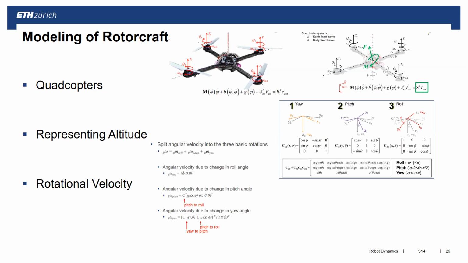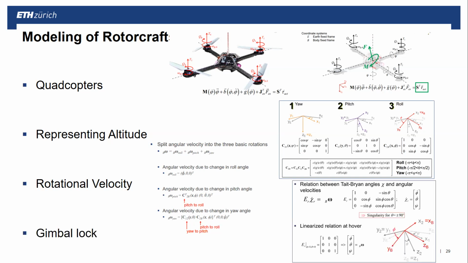We looked at rotation velocities. We showed how we can split this up. So here, the angular velocities for roll, pitch, and yaw, how we sum them up with the correspondingly rotated frame. And that ended up in the description of these singularity issues, of these gimbal lock situations.